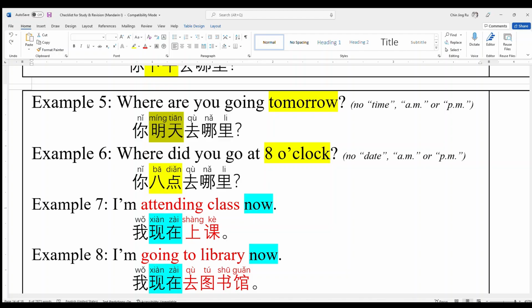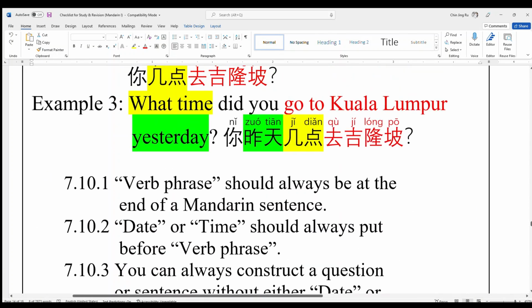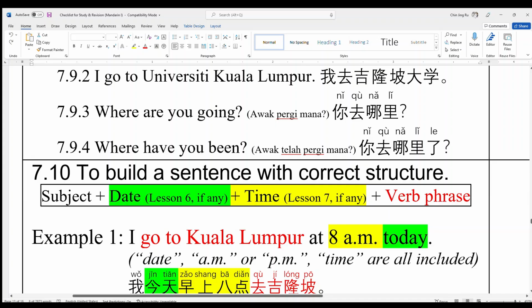And to construct a basic sentence in Mandarin, it's actually easy. It's just that you need to remember the vocabulary, the Mandarin words. But the structure is pretty straightforward. Follow this rule. Follow this structure. Subject, date, time, verb, then you will be correct. So that's all for me in this video. Thank you.